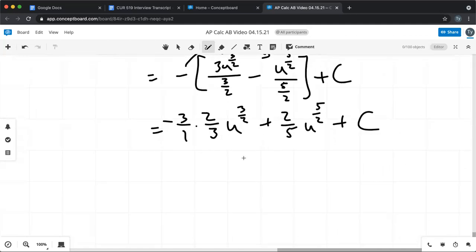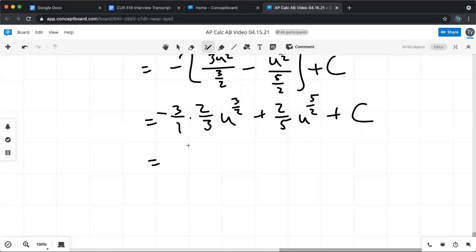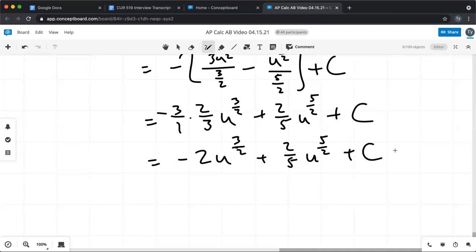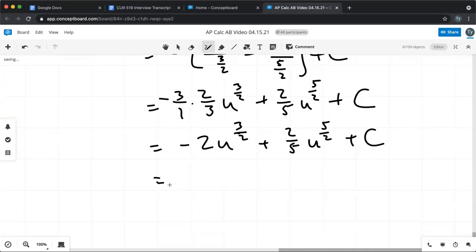Now we can do some simplifications. So we have 3's cancel out. We have 2 over 1 or negative 2 over 1. That's just negative 2u to the 3 halves plus 2/5 u to the 5 halves plus c. And finally, we need to plug back in for u.